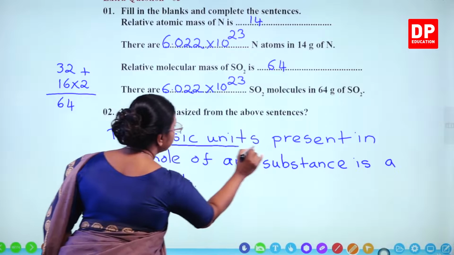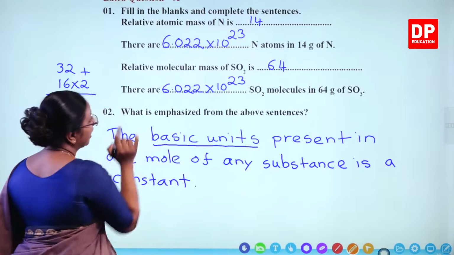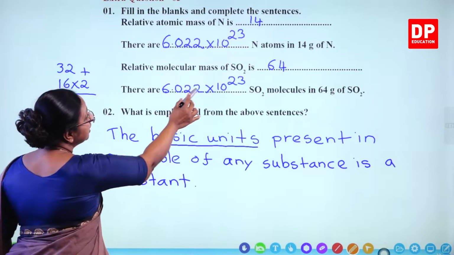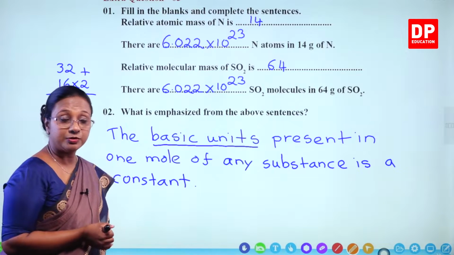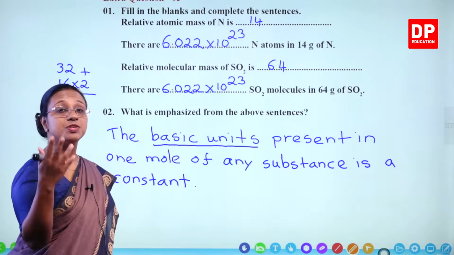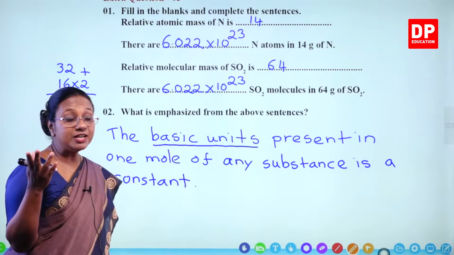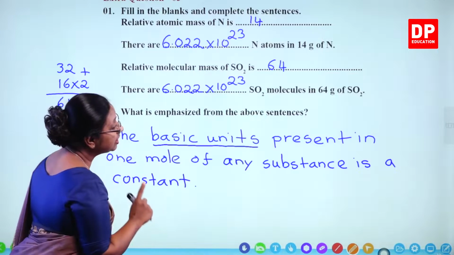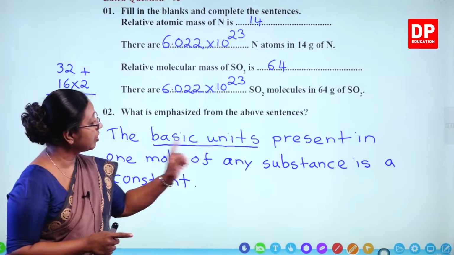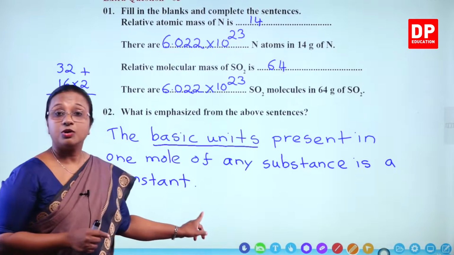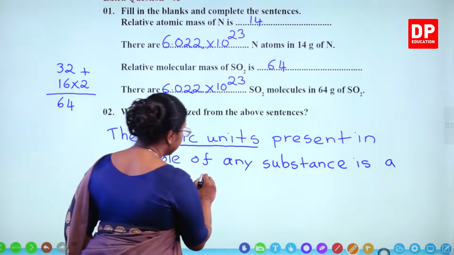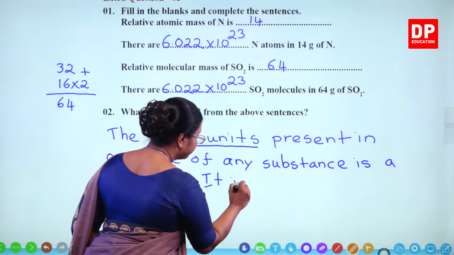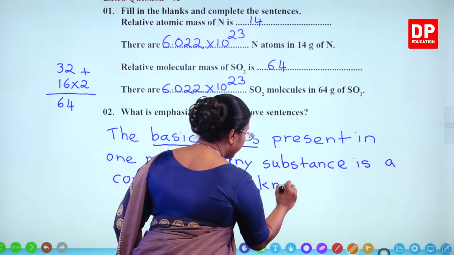So, we use the term basic units. Here you can see it's the atoms. Here you can see it's the molecules. So, it can be atoms, molecules, or even ions if it is an ionic compound. So, the basic units present in 1 mole of any substance is a constant, and it is known as what?